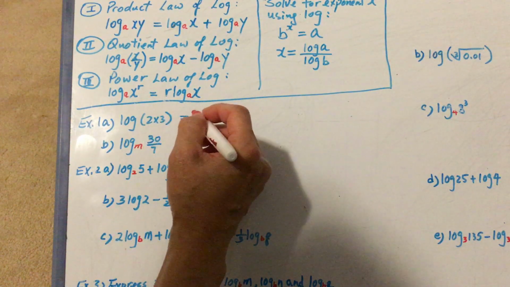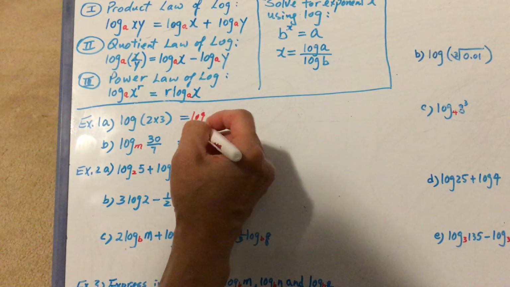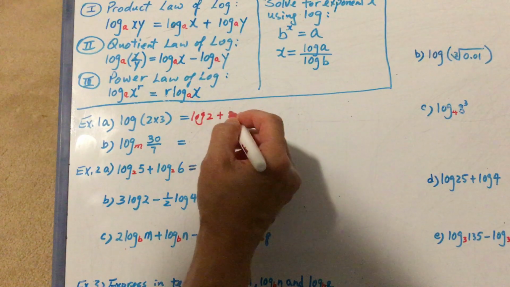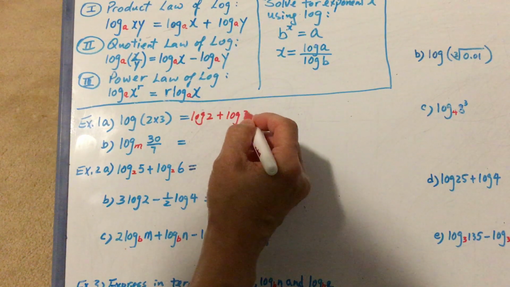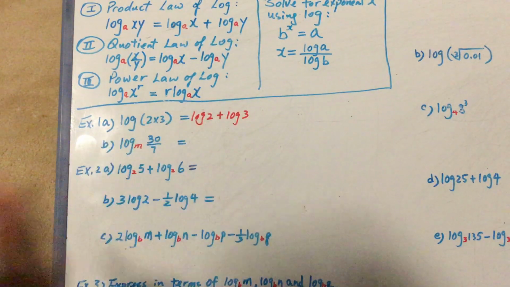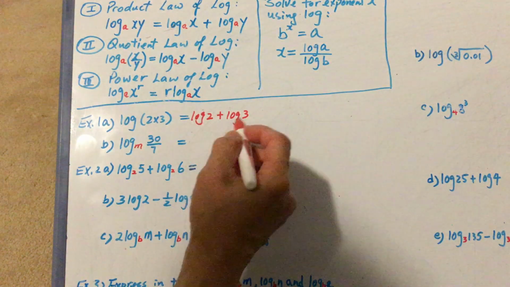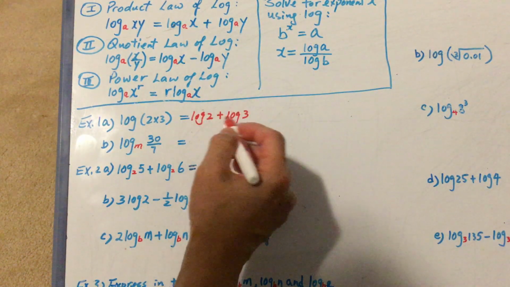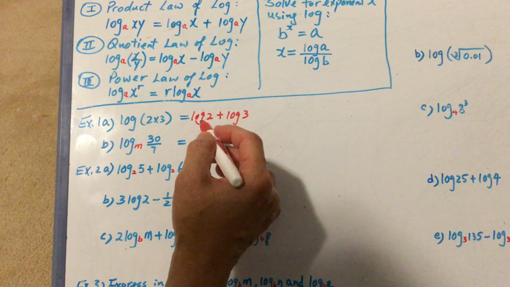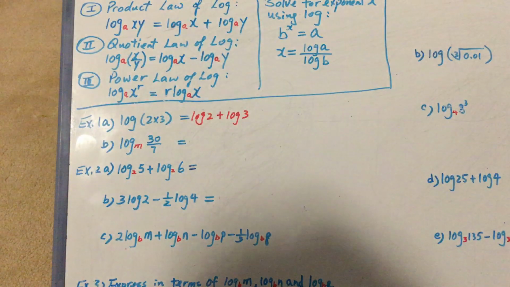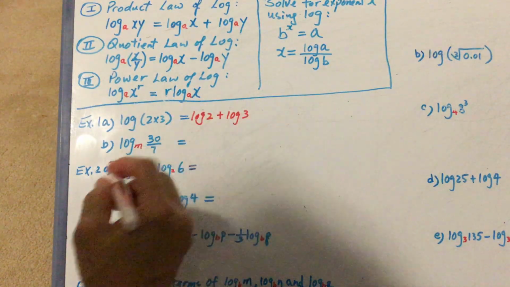So you can break this into two terms with base 10 as log 2 plus log 3. And you can certainly calculate that by using your calculator, okay? But this is the exact form. And when you use your calculator to get log 2 plus log 3, you will be getting the approximate form, okay?